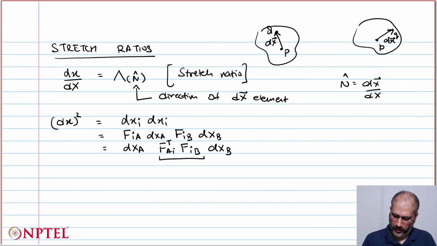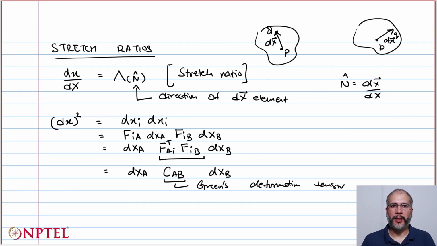And if you recall, this F transpose F was called the Green's deformation tensor C_AB, and we'll note today that this Green's deformation tensor is the tensor that is used to quantify different scalar measures in finite deformations.